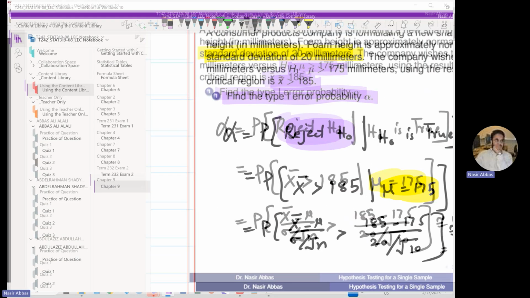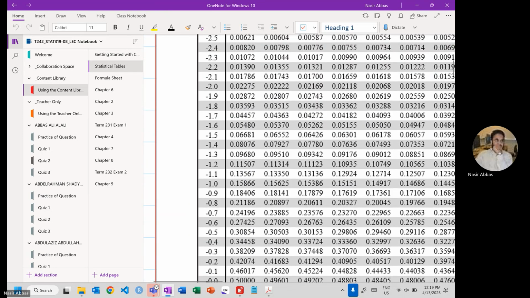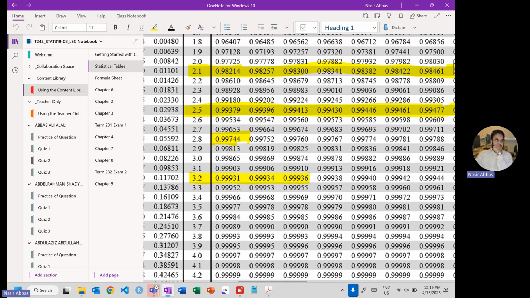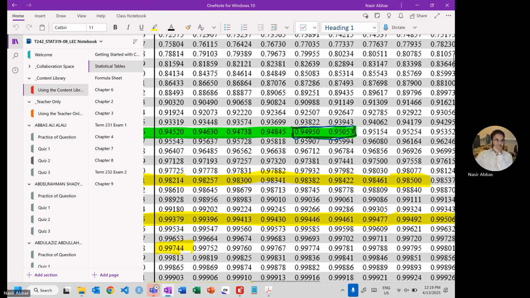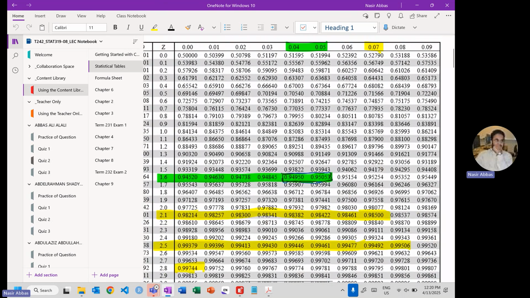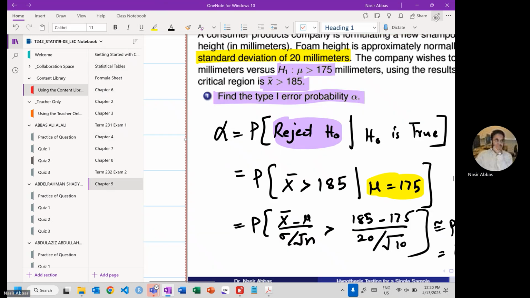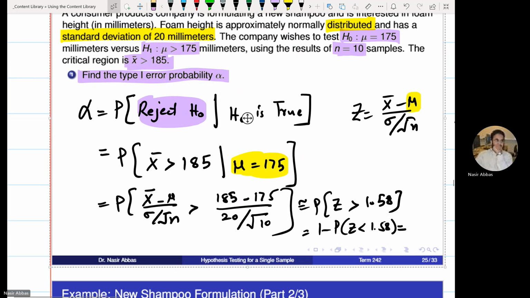Let me go to the Z table. 1.58, 0.005, this value, 0.94295.